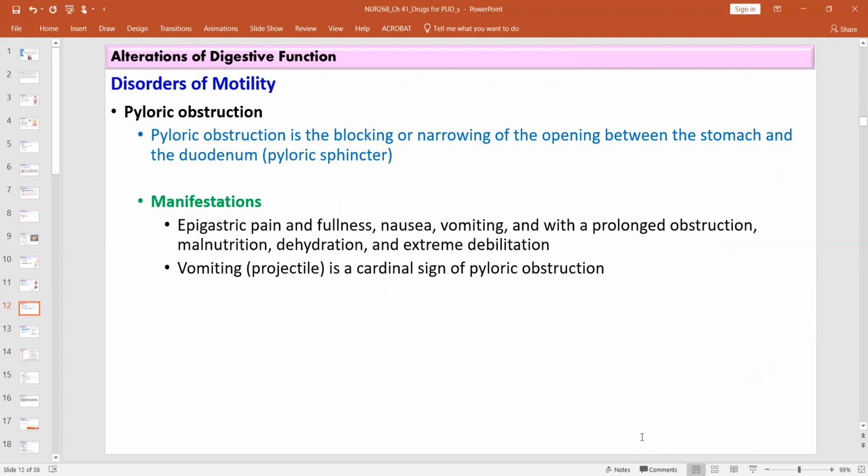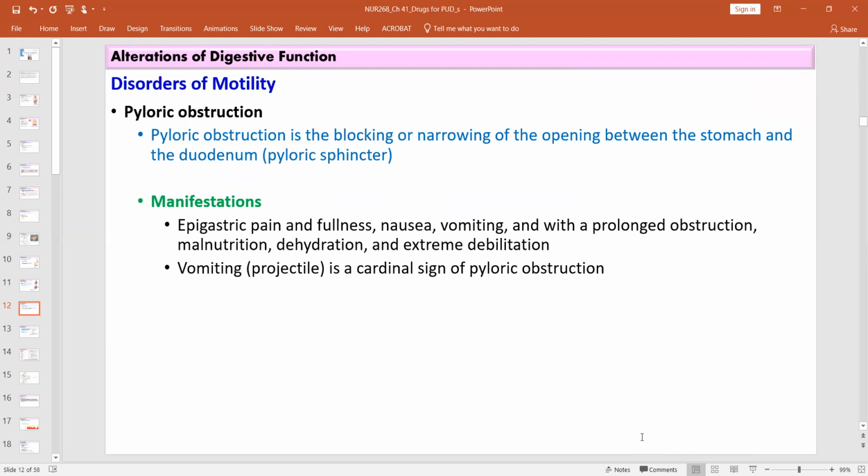Pyloric obstruction is the blocking or narrowing of the pyloric sphincter, which is the sphincter between the stomach and the duodenum. That's when the patient will exhibit projectile vomiting. That's the cardinal sign of pyloric stenosis.